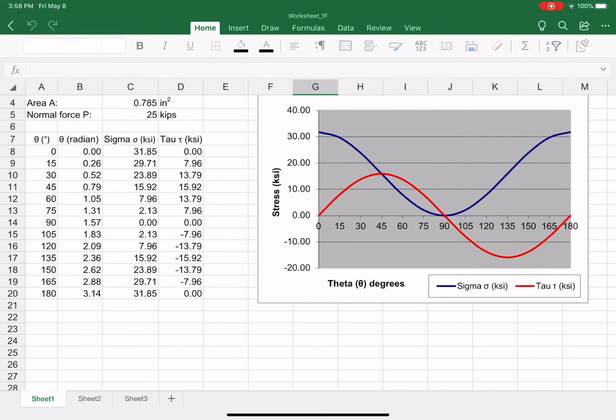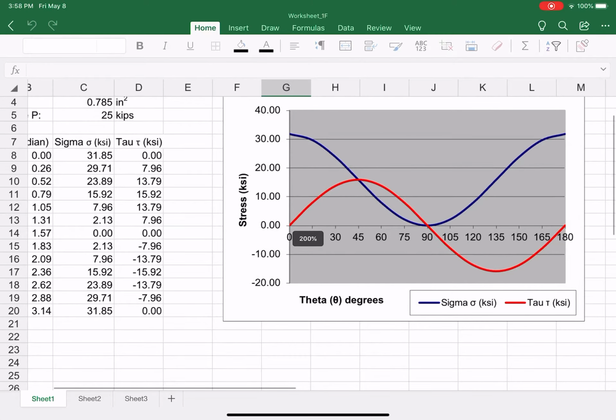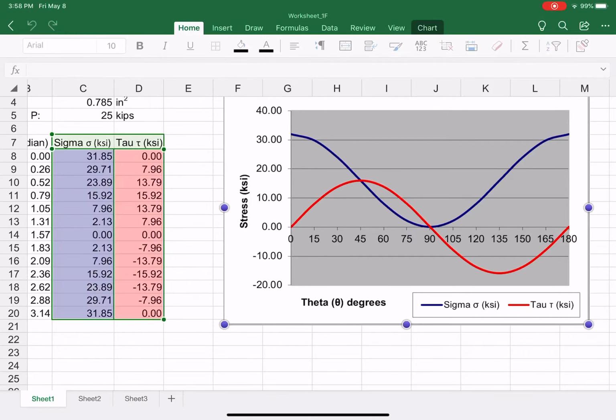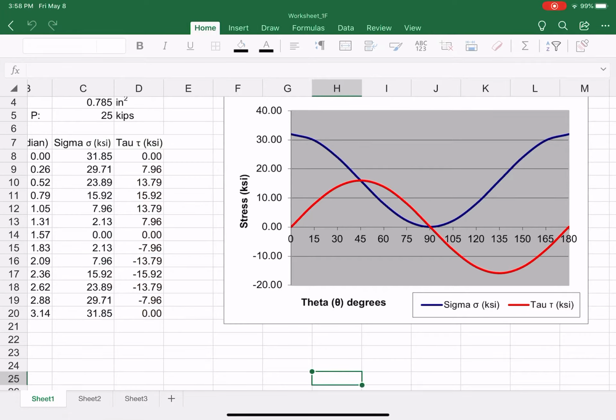You can see sigma is the curve on the graph with the normal stress in KSI, kips per square inch, in blue, and tau, which is the shear stress, in red. You can see the maximum of the normal stress sigma at theta equal to 0, and also of course 180, and it gets 0 at 90 degrees.